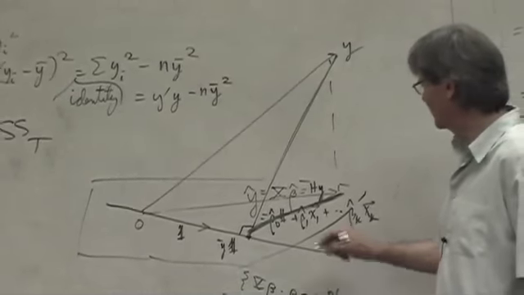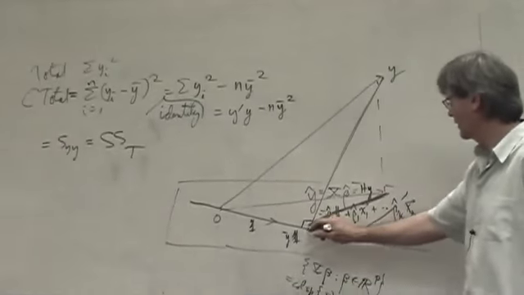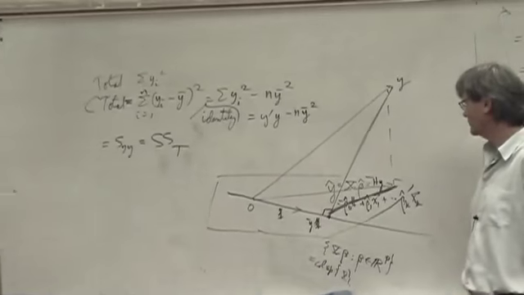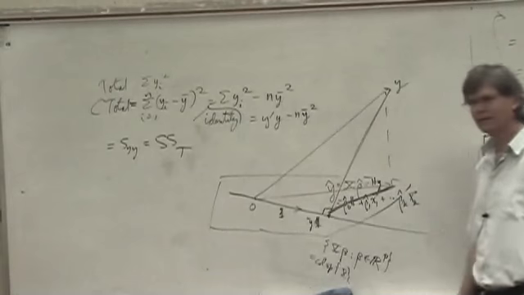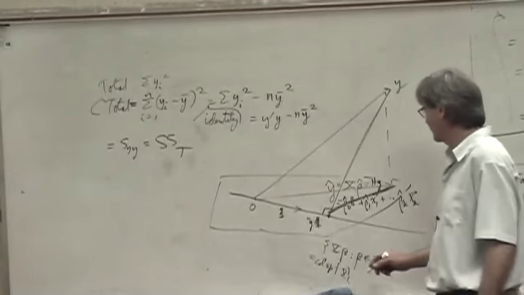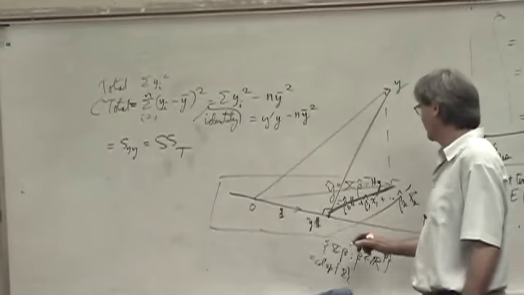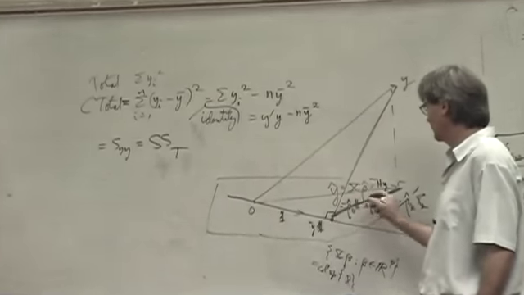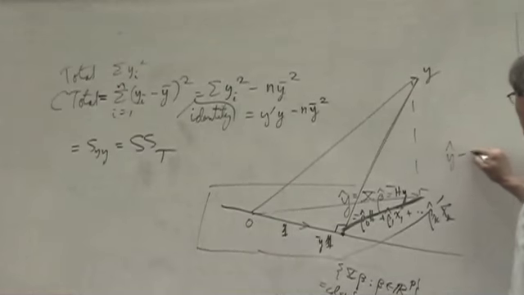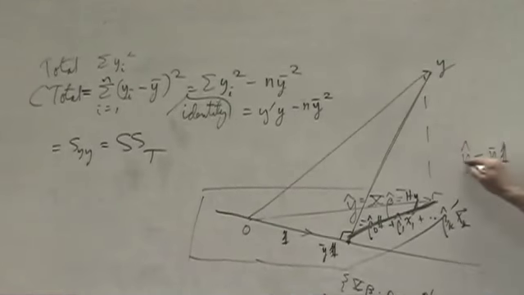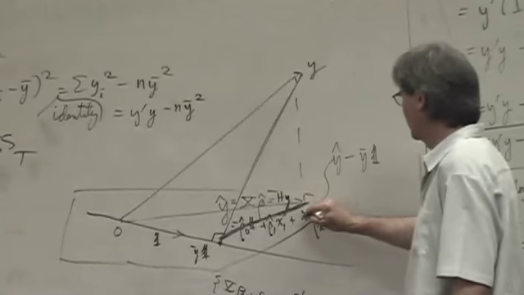It's the difference between the projection onto the space and the projection onto just the line. So that's the average there. So this difference is y hat minus y bar times 1.